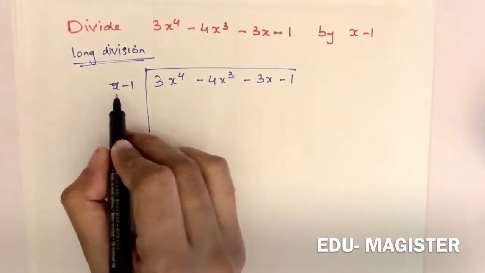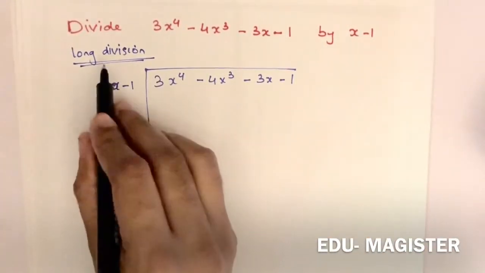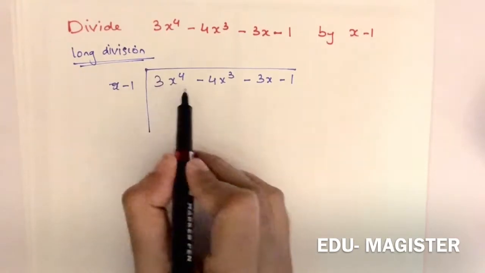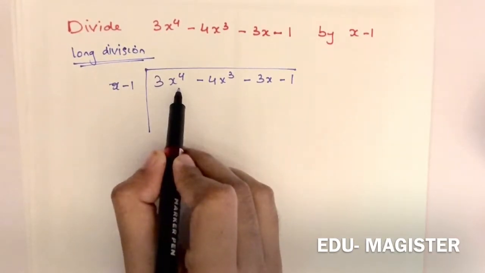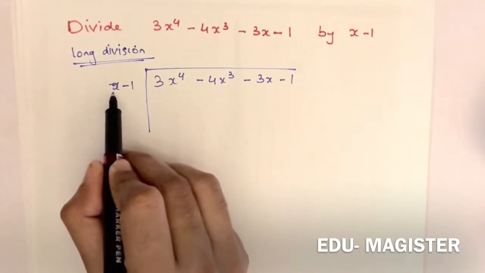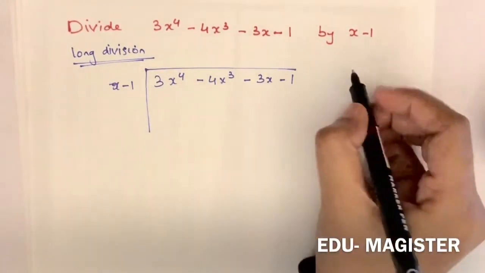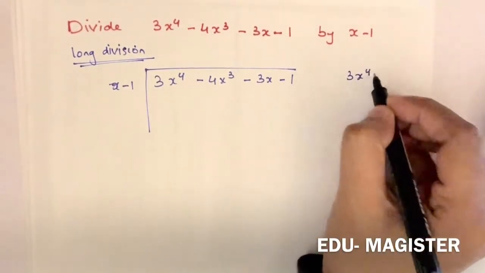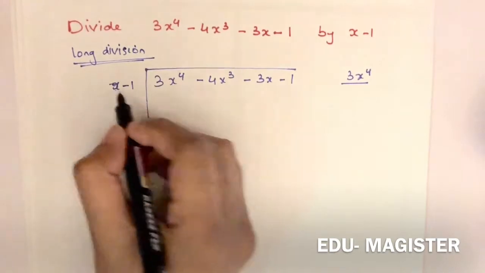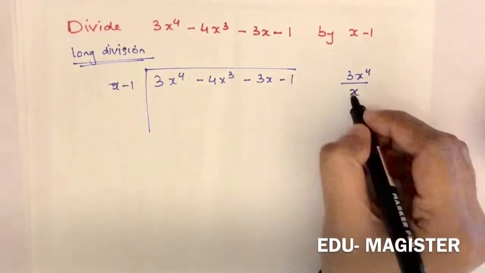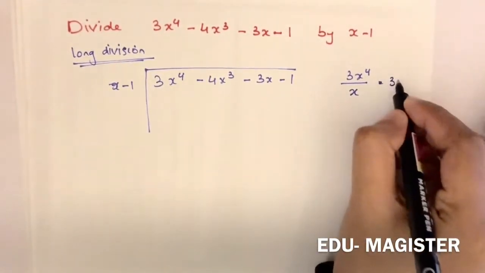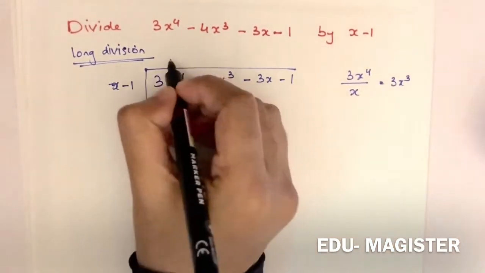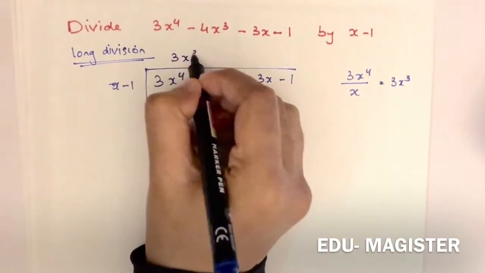As we have discussed before, for long division we need to take the first term of the dividend and the first term of the divisor. That is 3x raised to 4. We will divide it by x. So the answer will be 3x cube. So we will write that here, 3x cube.